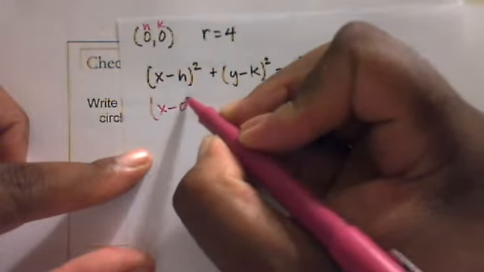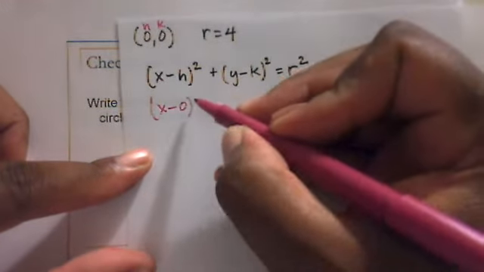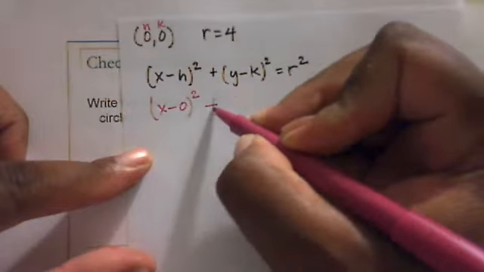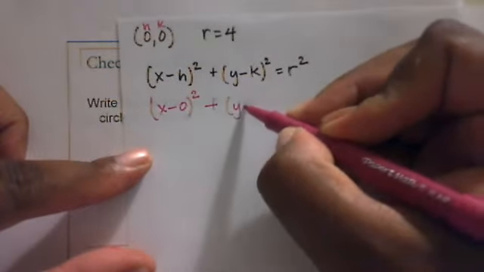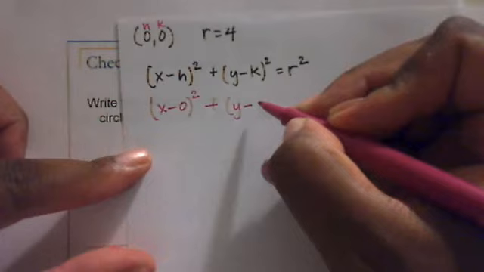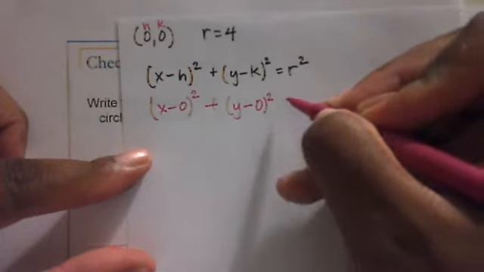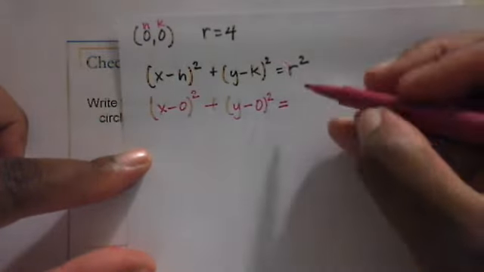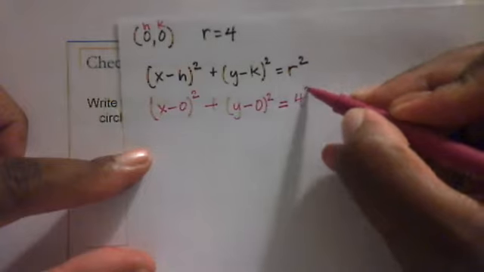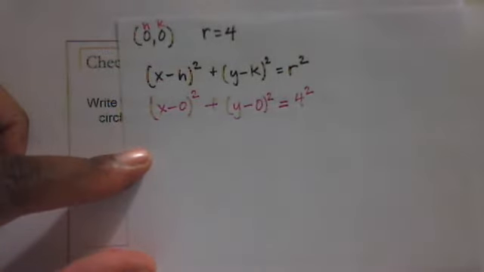So x minus h is x minus 0 squared, plus y minus k is y minus 0 squared, equal to r, which is 4, so 4 squared.